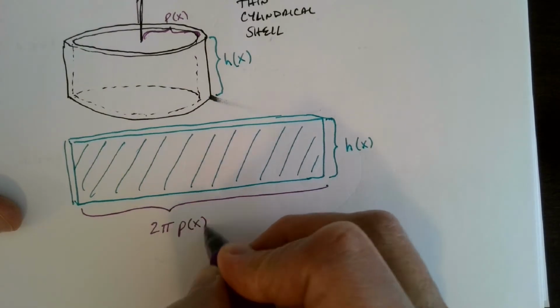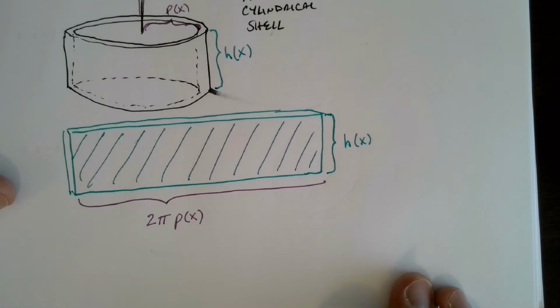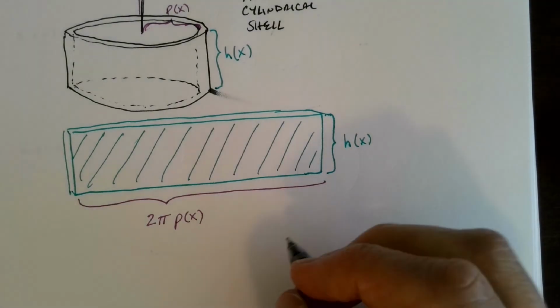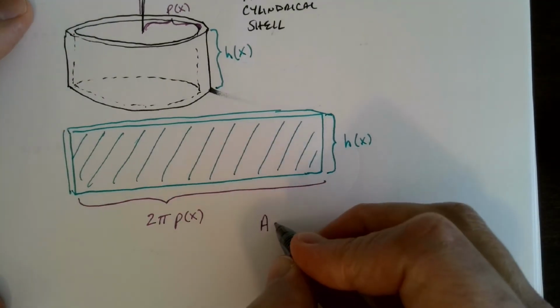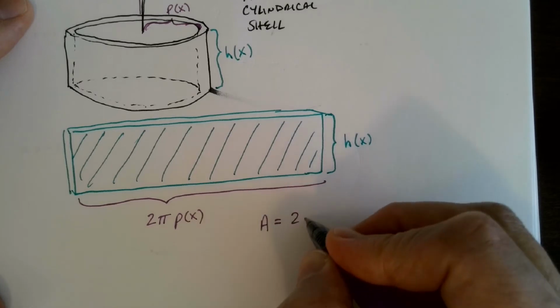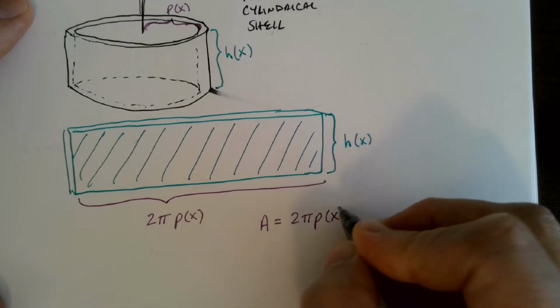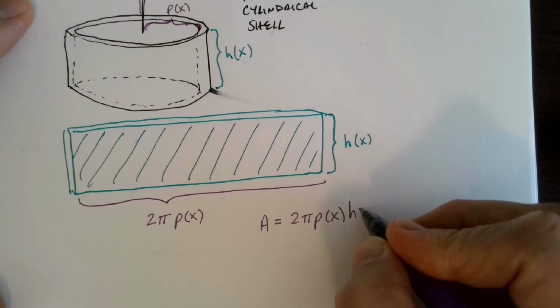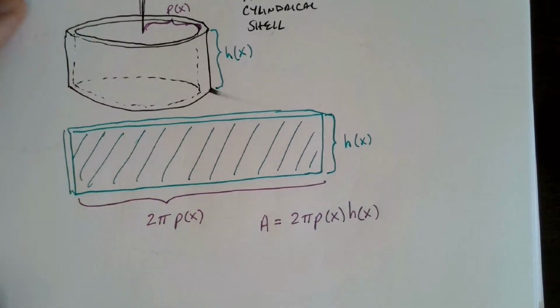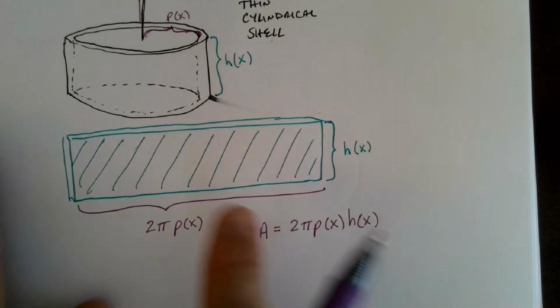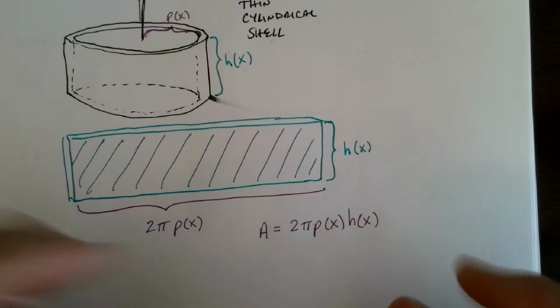We're calling that p of x. Okay. And so the area as a function of x would be 2 pi p of x, length, times height or width, h of x. And that's our cross-sectional area. It's the area of our thin cylindrical shell. And then we multiply it by its thickness, we get the volume of the shell, right?